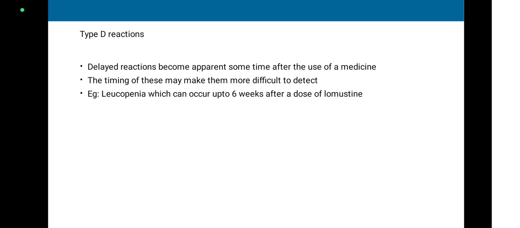These are also called delayed reactions. These reactions become evident some time after the use of a medicine. Example includes leukopenia, which can occur up to 6 weeks after the dose of lomustine. So due to the timing of ADR occurring, they are difficult to detect, and difficult to classify.